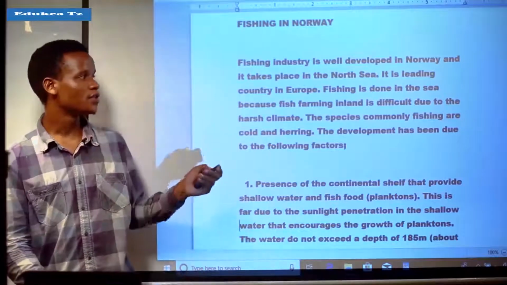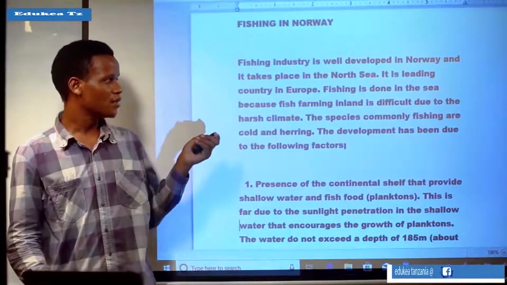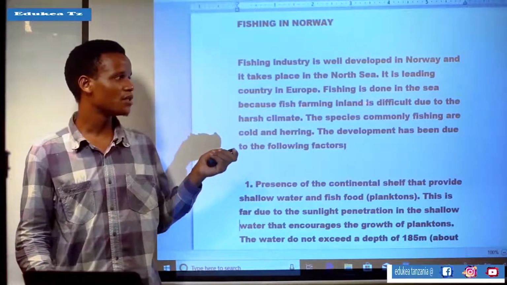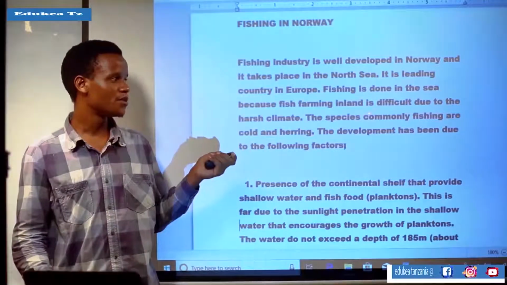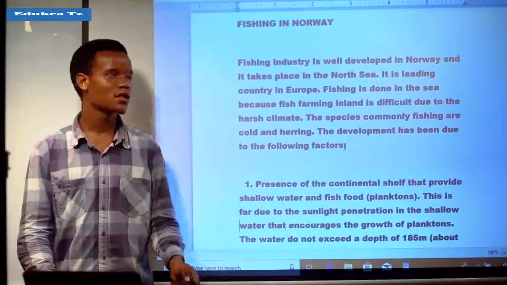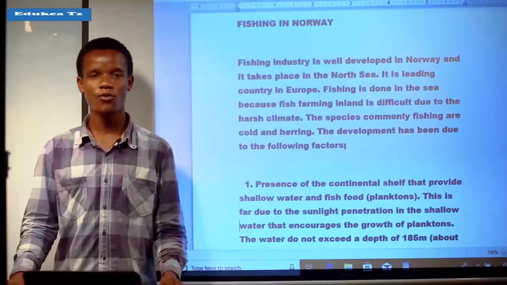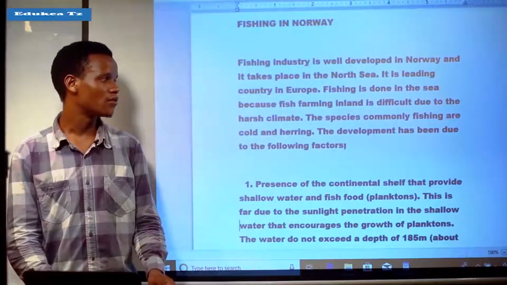Norway is a leading country in fishing, which is done in the sea, because fish farming inland is difficult due to the harsh climate. The common fish species are cod and herring. These are the kinds of fish very commonly found in Norway.